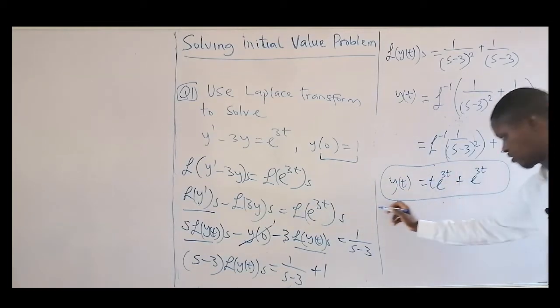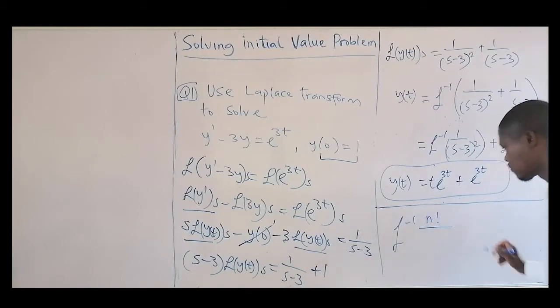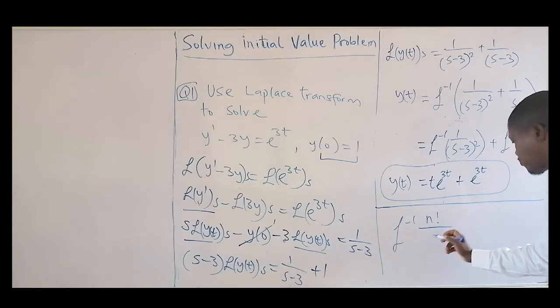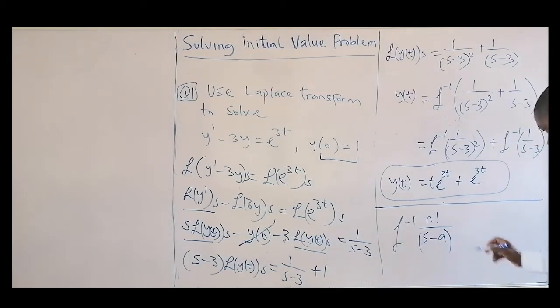Let me take us down memory lane. The inverse of n factorial over s minus a to the power n plus 1, if you remember one of the properties, will give us t^n e^at.